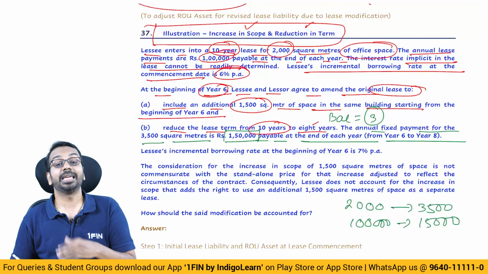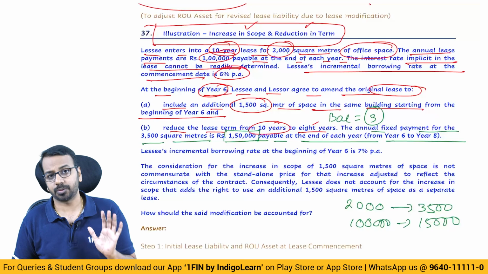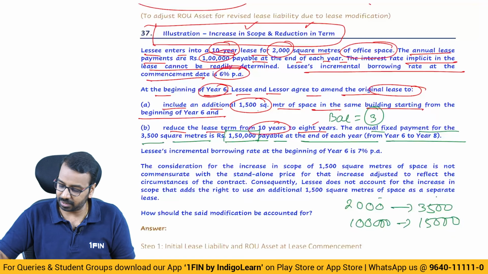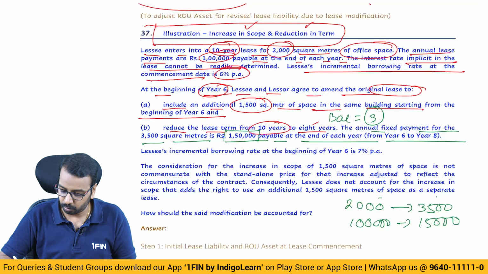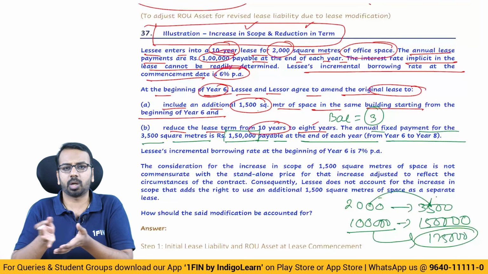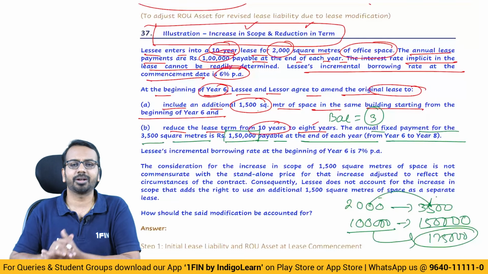We have to check the question. If nothing is given, you can assume it is not commensurate. Or you can figure out by looking at the question: 2,000 became 3,500. So, 3,500 divided by 2,000 comes to 1.75. So, 1 lakh should have become 1,75,000. Correct? On the face of it, it appears it is not commensurate.